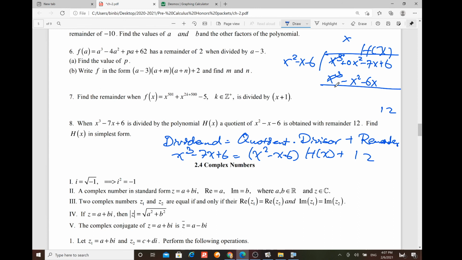Subtract, and you'll get this one to cancel. So negative, negative, positive x squared. Negative 7x minus negative 6x, negative x. And then this one, just bring it down, plus 6. Again, the final remainder is 12. So in order to get rid of that x squared, we multiply by 1. 1 times x squared, x squared. 1 times negative x, negative x.